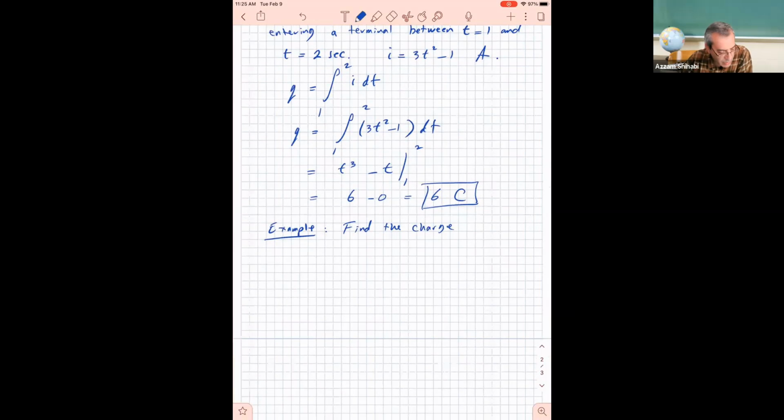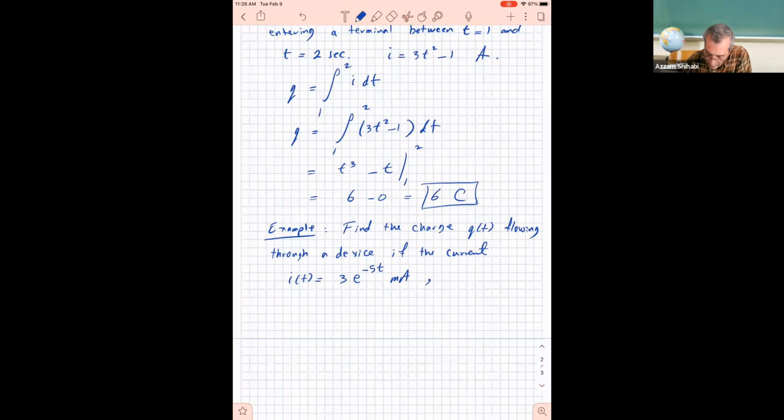Also, we're going to find the charge from the current, but sometimes we have an initial charge, an initial value for the charge that we also need to consider. So for example, find the charge Q of t flowing through a device if the current is, I'm going to give you the equation of the current, I of t is 3 e to the minus 5t, and let's say this is in milliamps.